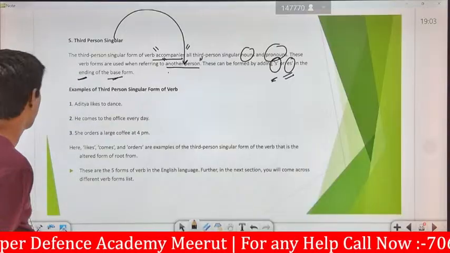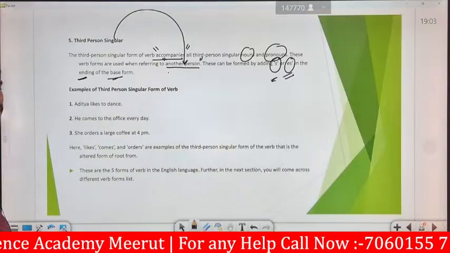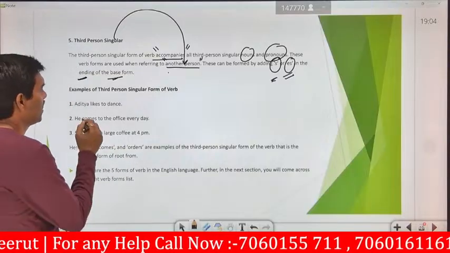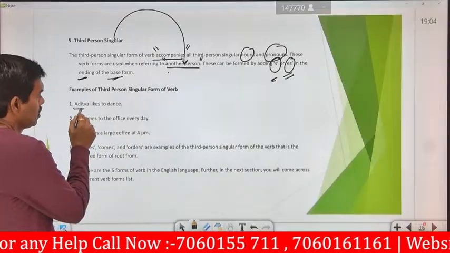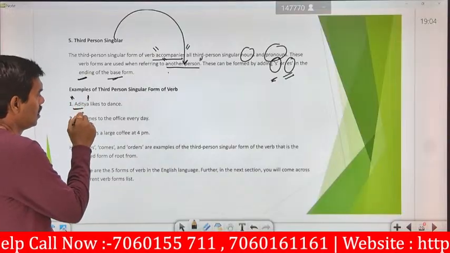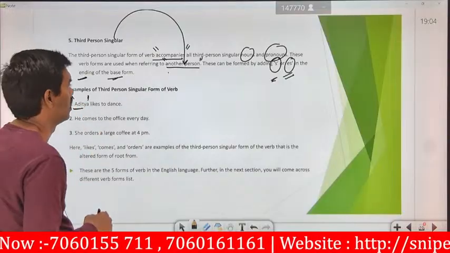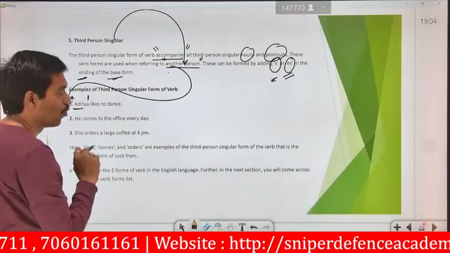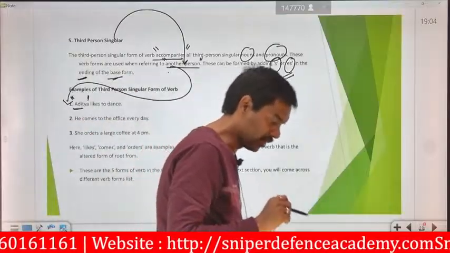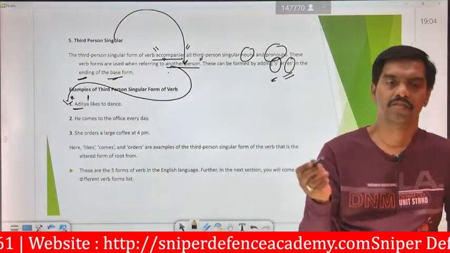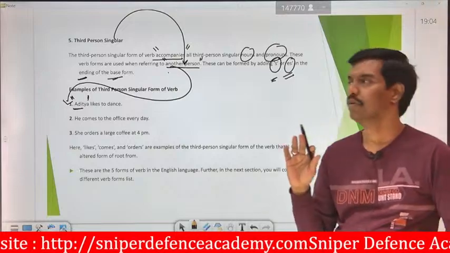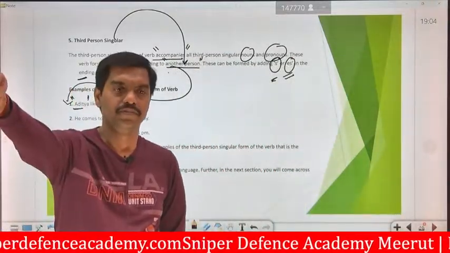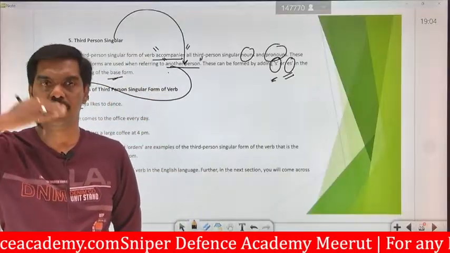And next, what are the examples for this third person singular form of verbs? Generally, they are saying that Aditya likes to dance. So he is a person, Aditya. He likes to dance. It shows that it is speaking about the other person. We do not know who the person is, but we are saying that the person is going to dance. It will represent that I am speaking about another person, not about myself.